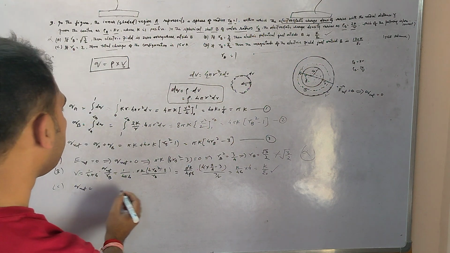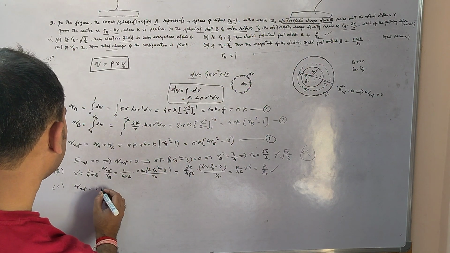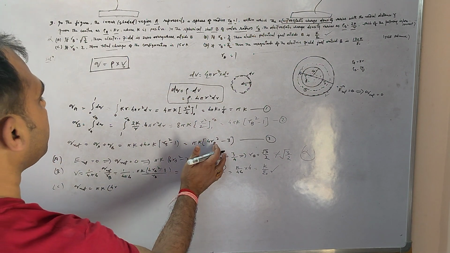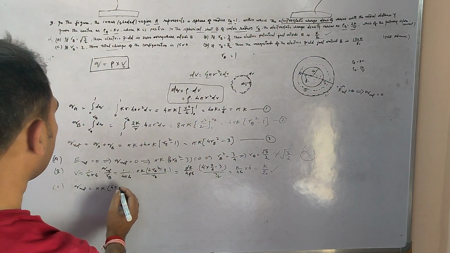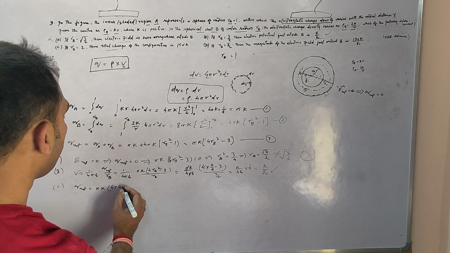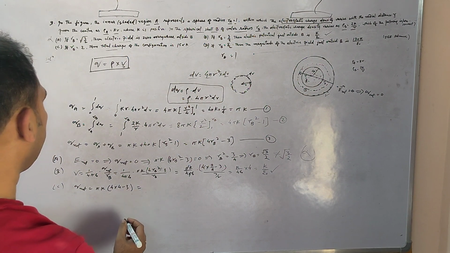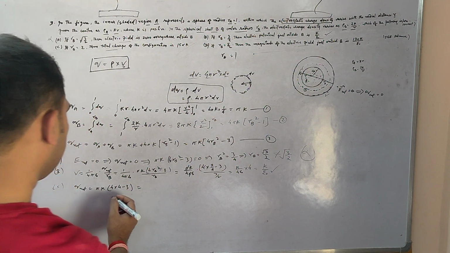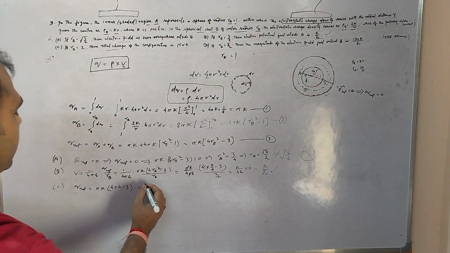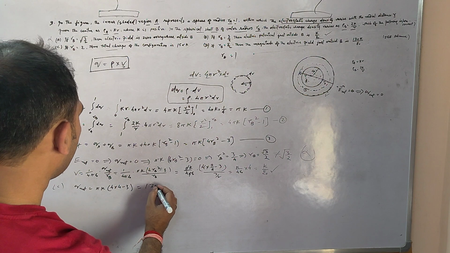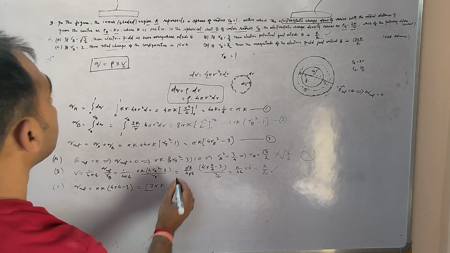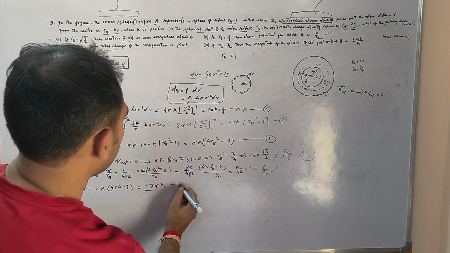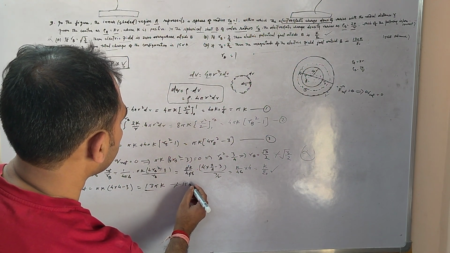RB is 2, pi k into 4 into 2 square, 4 minus 3, that will be 13 pi k, but here it is 15 pi k. So statement C is also incorrect. This is not equal to 15 pi k.